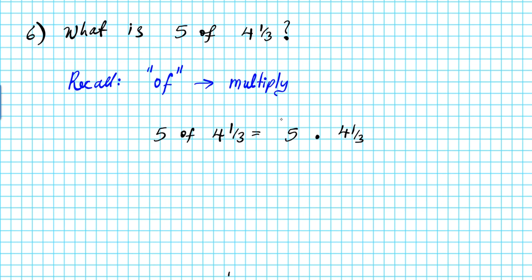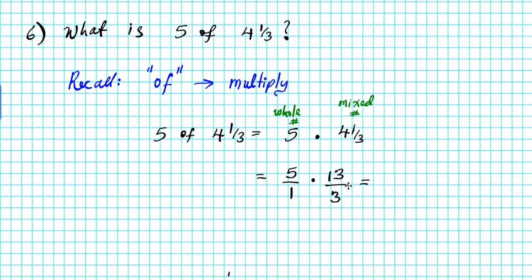What are we dealing with in this case? This is a whole number being multiplied by a mixed number. So what we're going to do is express both of them as improper fractions. So this will be 5 over 1. And we will multiply this by 3 times 4 is 12 plus 1, 13 over 3. Okay.